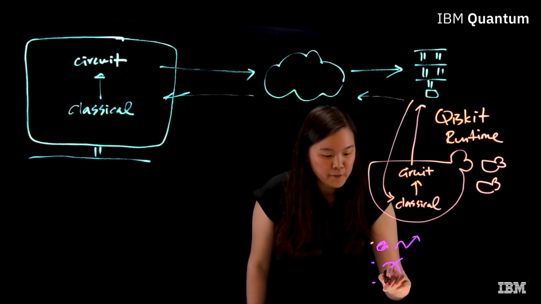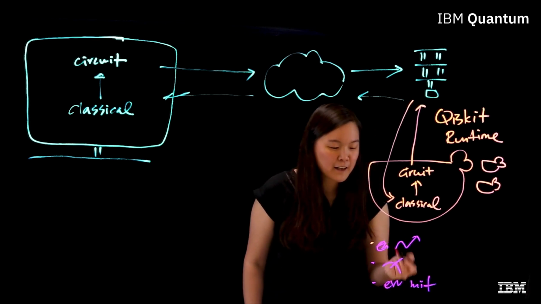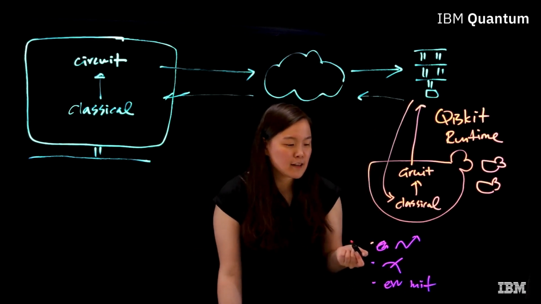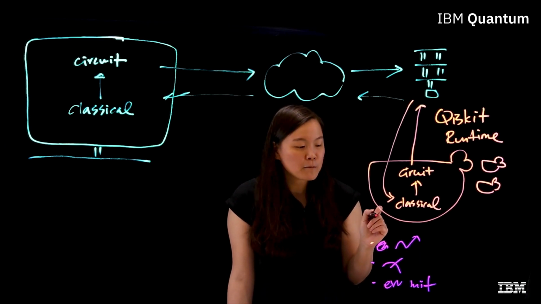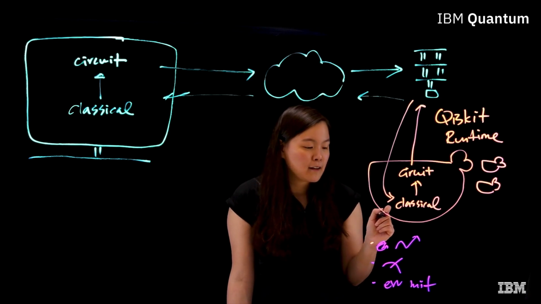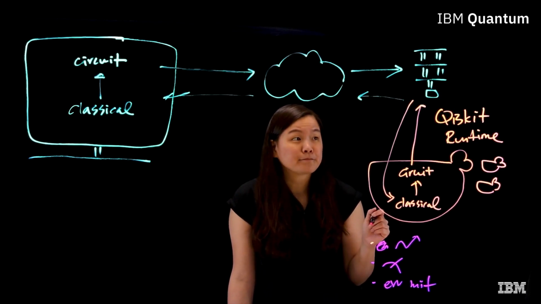And the last one is error mitigation, that gives you higher quality results. Error mitigation is especially important because quantum hardware today is not perfect, and the raw results often contain errors. So without error mitigation, you wouldn't be able to get the correct results back.